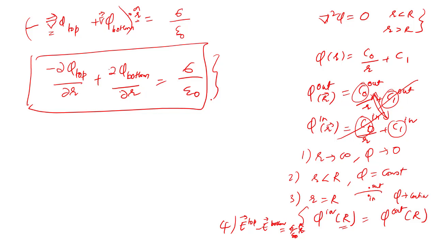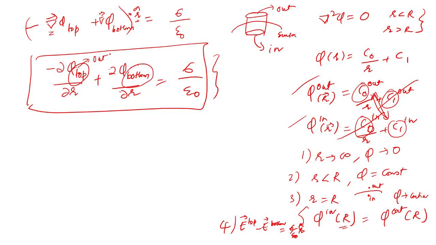So now we know what phi out and phi in are. In general, I was talking about top and bottom because I was talking about the top and bottom of the Gaussian pillbox. This is the surface of the sphere. The top of the Gaussian pillbox is outside, and the bottom of the pillbox is inside. So this phi top corresponds to outside, and this phi bottom corresponds to inside.